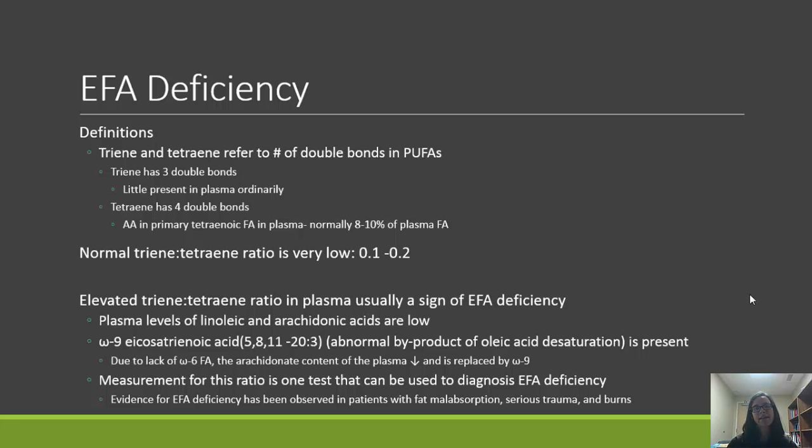So then that gets converted to this omega-9 ETA, which is why we see that it's present in essential fatty acid deficiency. So measurement of this ratio is one test that can be used to diagnose essential fatty acid deficiency and has been used to diagnose this condition in patients with fat malabsorption or trauma or burns.